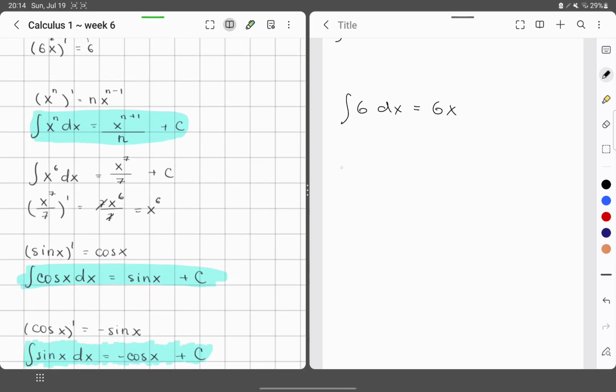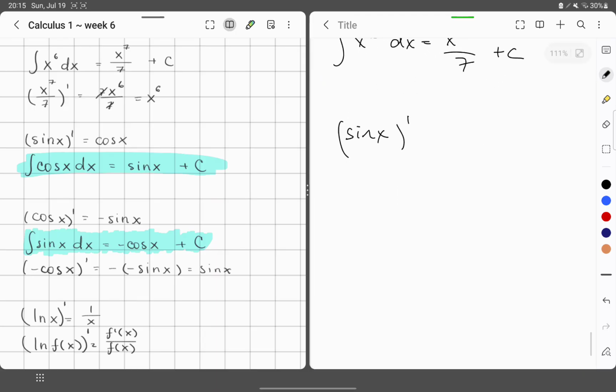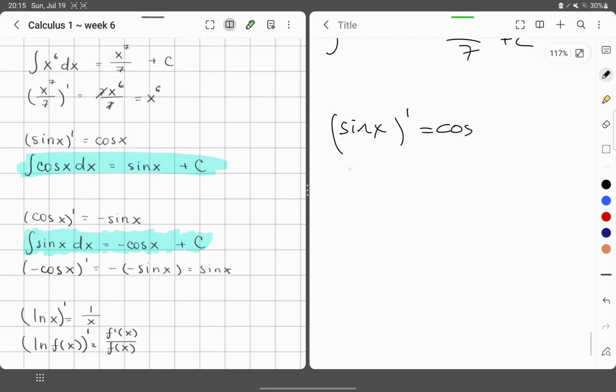Okay, the integral of x to the power of 6 dx equals x to the power of 7 over 7 plus c. Okay, sine x. The derivative of sine x is cosine x, but the integral of cosine x equals what?